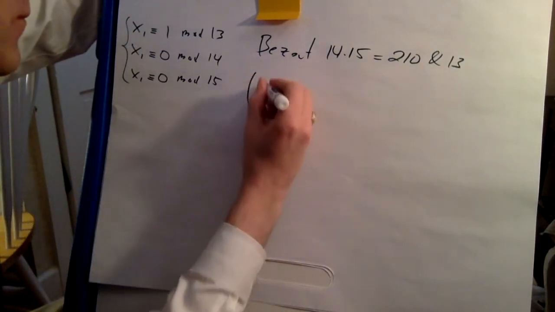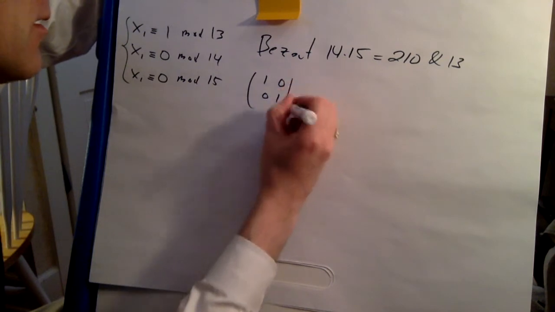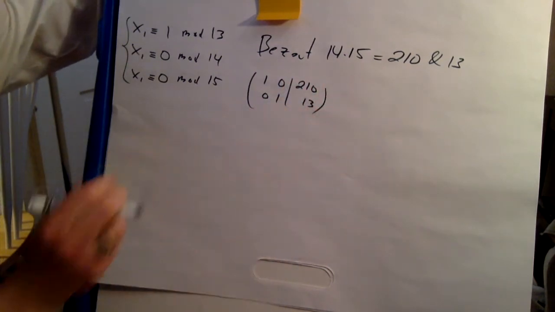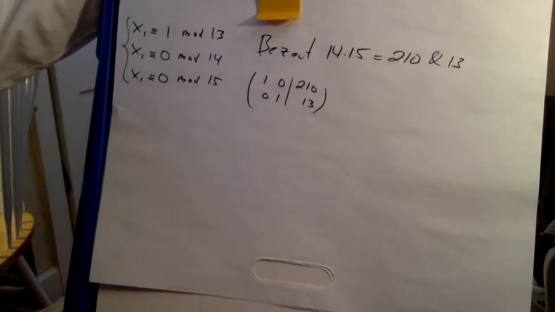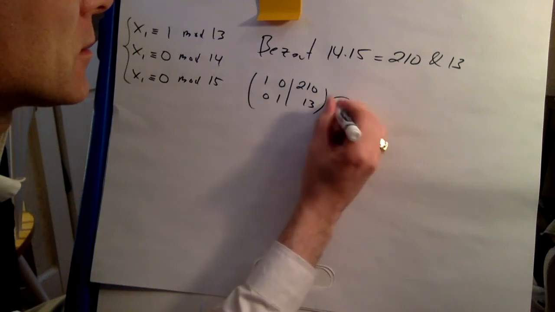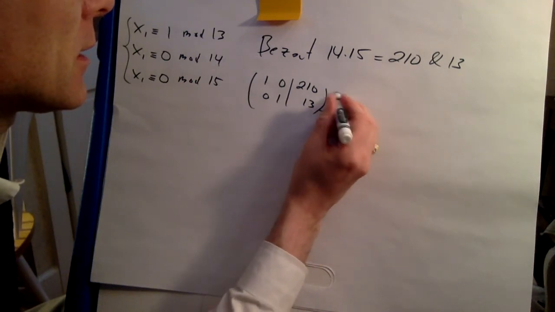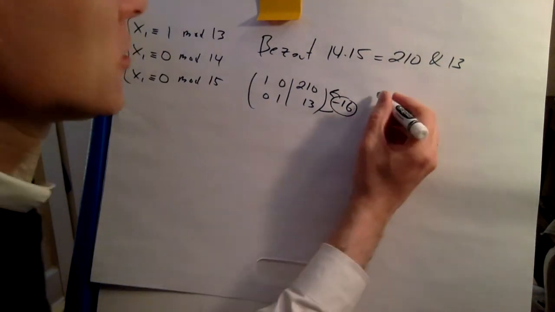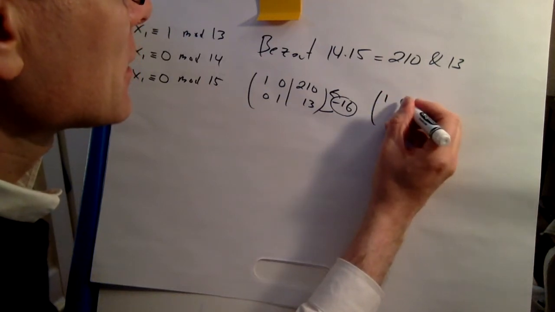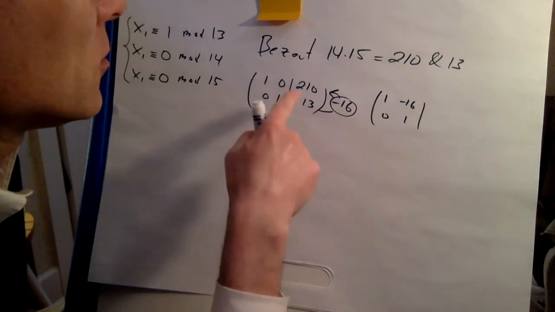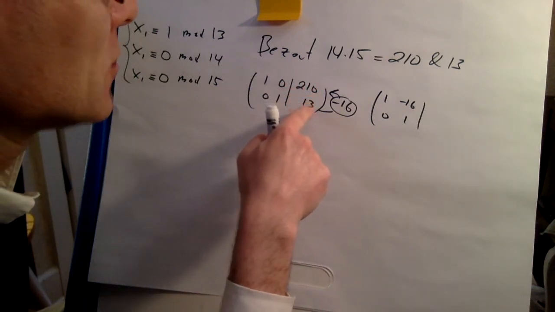So we can have 1, 0, 0, 1, 210 and 13, minus 16, and that is 13 times 16 is 208. So this is good. We get 1, minus 16, 0, 1. 210 minus 208 is 2.